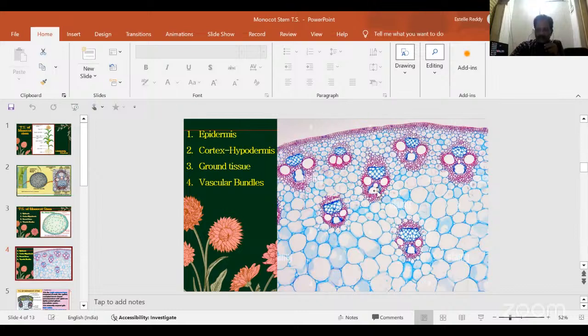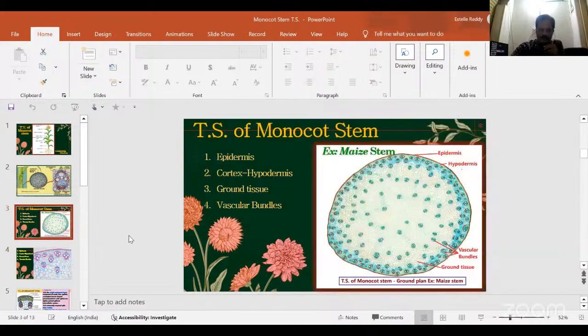Here you can see vascular bundles in the ground tissue. There are many, as you have seen already in the ground plan. Let us have a look once again. This is the ground plan. These are the vascular bundles, groups of vascular tissues.